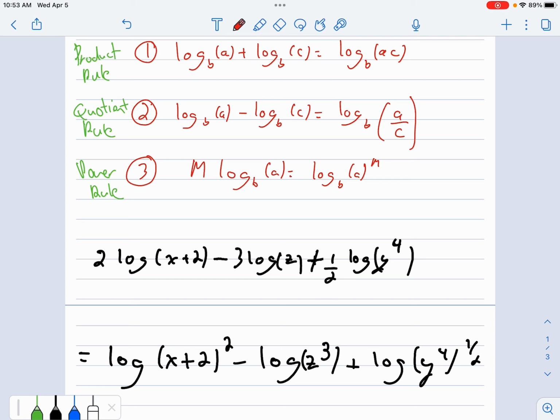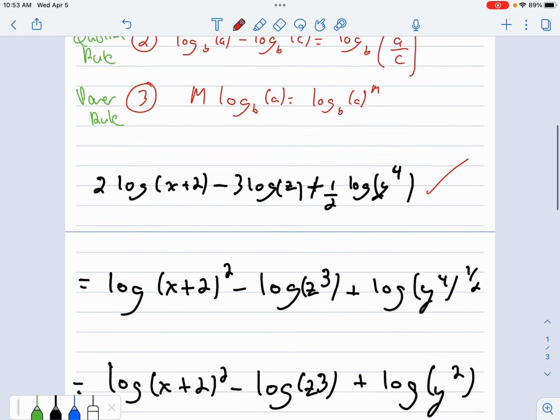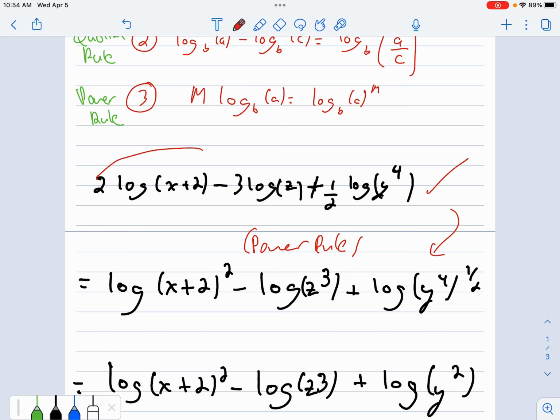We got numbers in front. So what I'm going to do is actually get rid of the numbers in front of the logarithm, and that's where the power rule would come in. Okay, so from the expression that we have to the next step here, we use the power rule. And essentially what I have done here is I brought the 2 up, brought the 3 up, and brought the 1/2 up, as you can see on that next line.